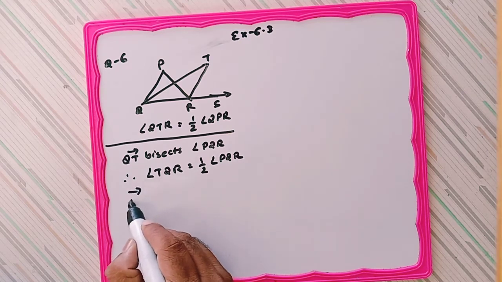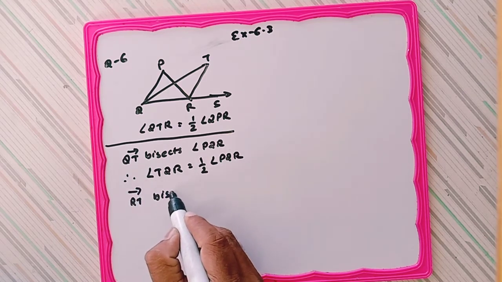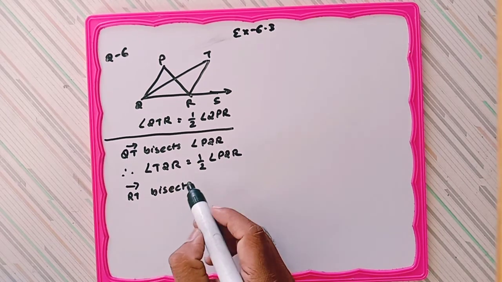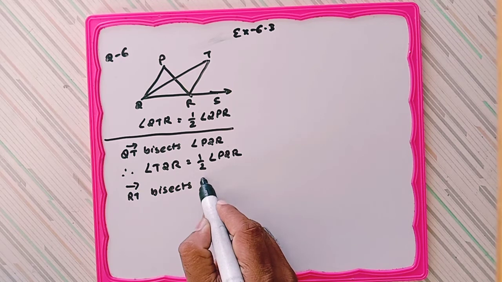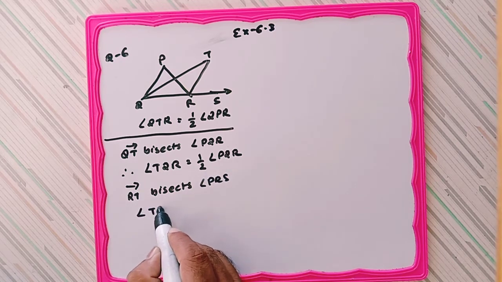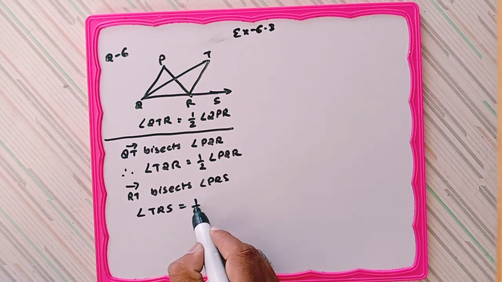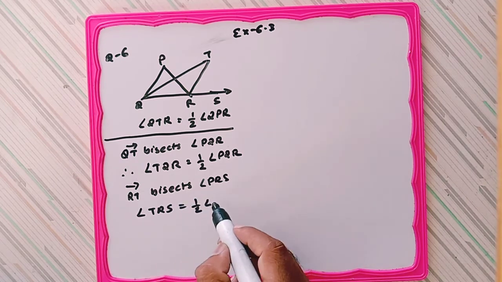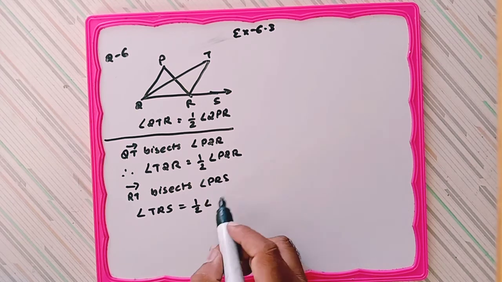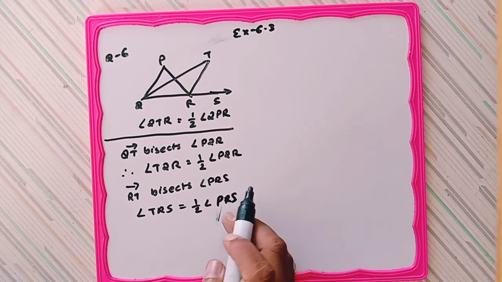Also RT bisects angle PRS, and therefore angle TRS is half of angle PRS.